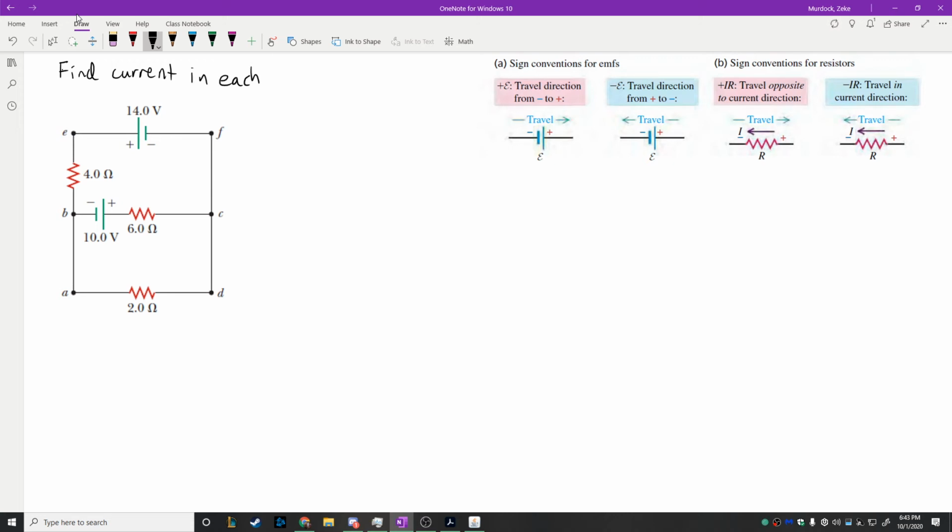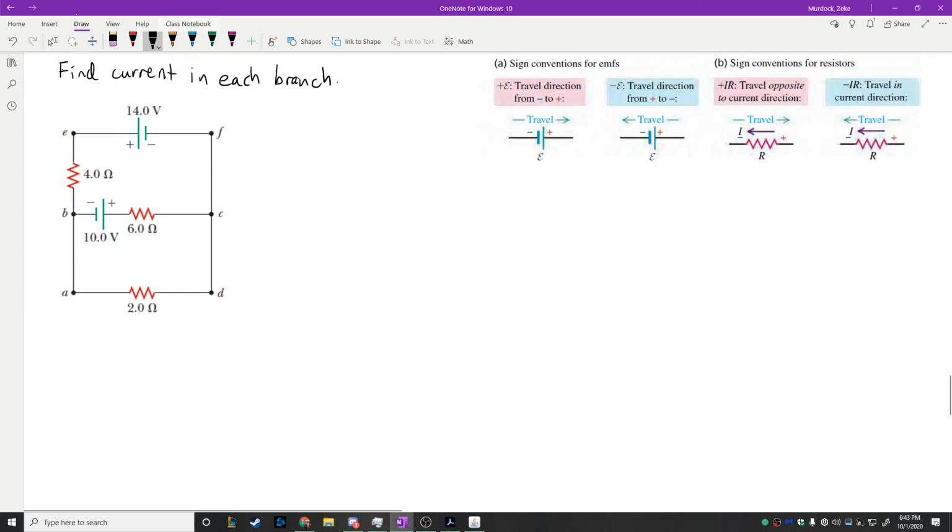There's going to be a total of 3. We could also ask things like, what's the power dissipated by these resistors? Maybe we do that at the end. But for now, we really just want to find the current in each branch.